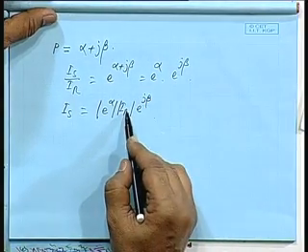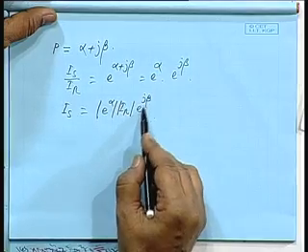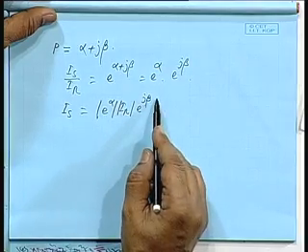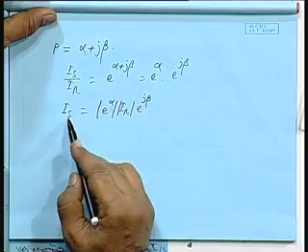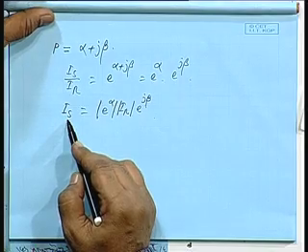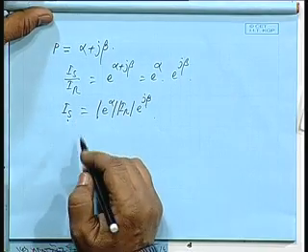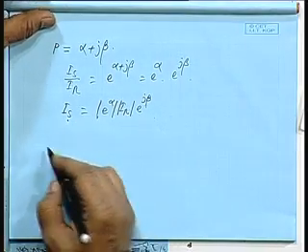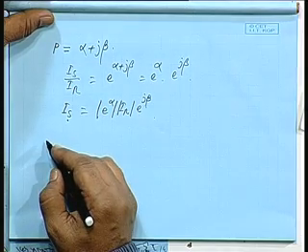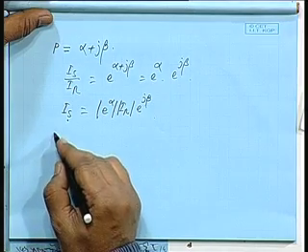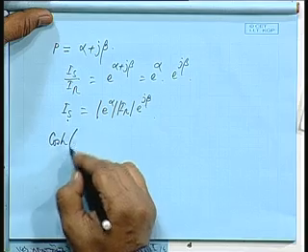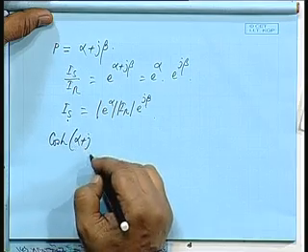So, the receiving end current, if you multiply by a factor e to the power j beta, if you give a phase shift, then only you will get IS, the angle associated with IS. So, P is equal to alpha plus j beta. What is cos of alpha plus j beta?